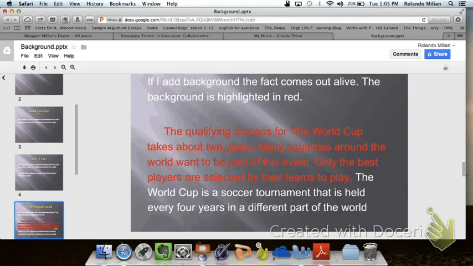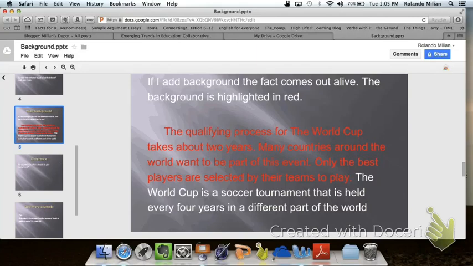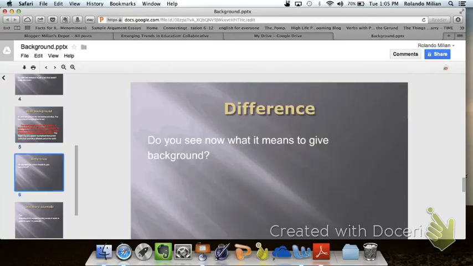As you can see, the background here gives the reader a better idea about the fact that the World Cup is a soccer tournament that is held every 4 years in a different part of the world. Now, do you see now what it means to give background?